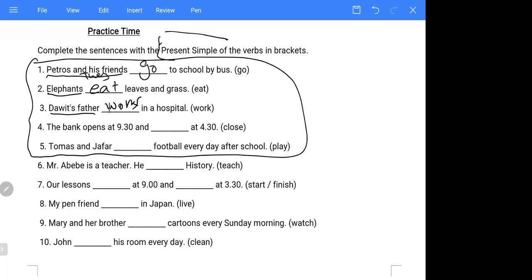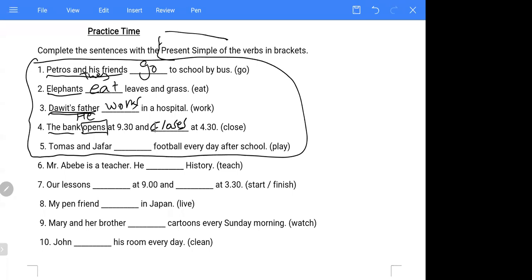The bank opens at 9:30 and dash at 4:30. The bank closes. Yes, the bank is the subject of this sentence. If it says opens, you use the same form, closes. If it was plural, the banks, it becomes open and close.